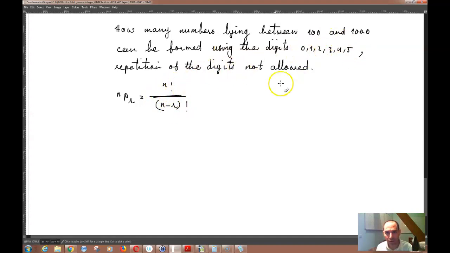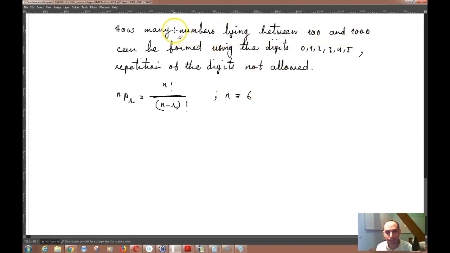I know what my n is. My n is 0, 1, 2, 3, 4, 5, so that's 6 digits. Now for r, I need to know what sort of numbers I want to make, whether 2-digit numbers, 3-digit numbers, or what.